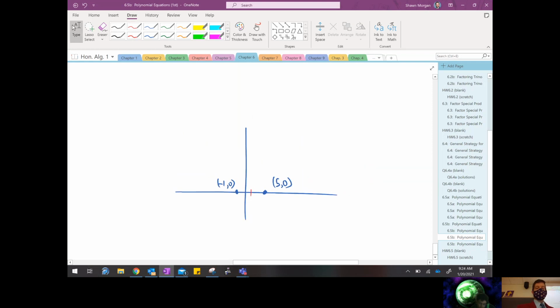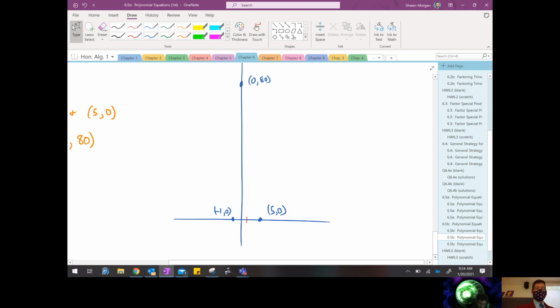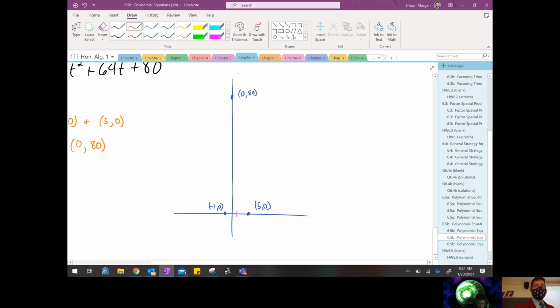Okay? Or t equals 2 if you want to call this your t-axis. Okay? So our axis of symmetry we can sketch right here is going to have the equation x equals 2. A vertical line has an equation of x equals a constant.